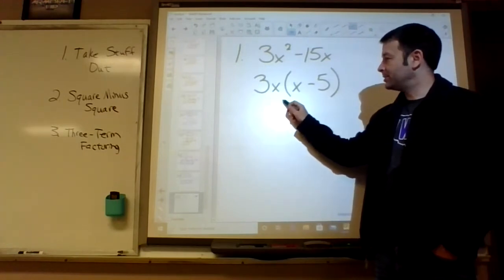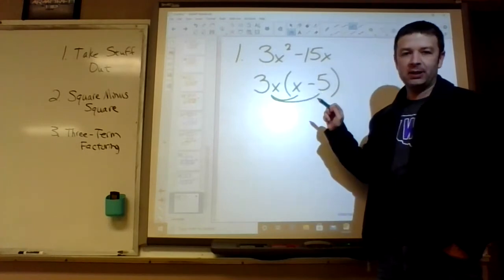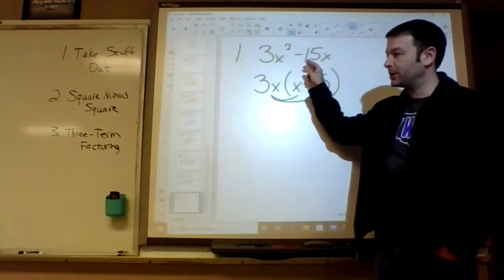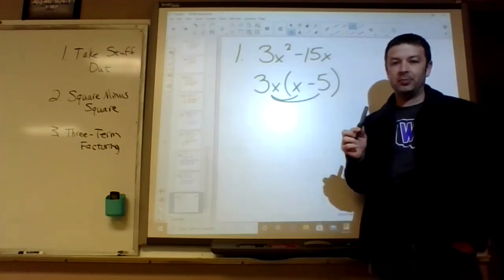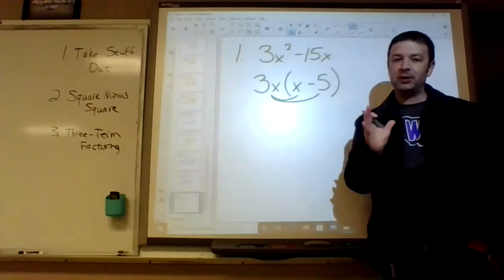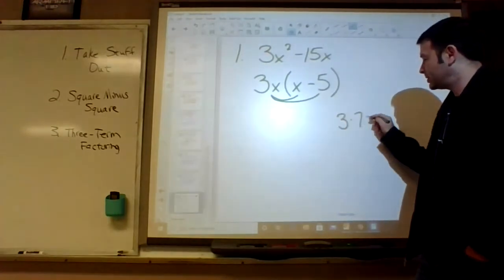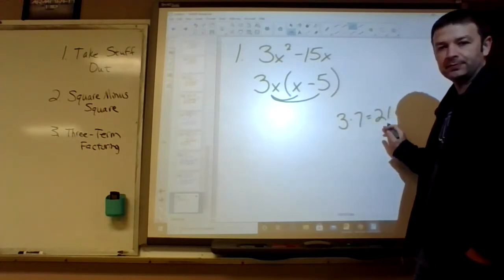If I were to distribute this back out like we did on page 190, what would I get? Well, it should go back to this original thing. Okay, this is called factoring because factors are things that multiply into something else, like 3 times 7 equals 21. 3 and 7 are the factors of 21.